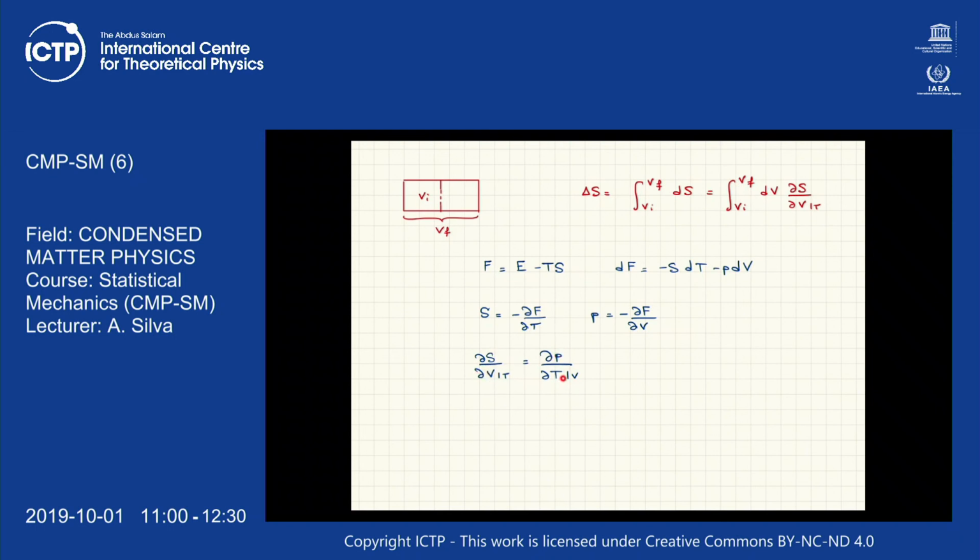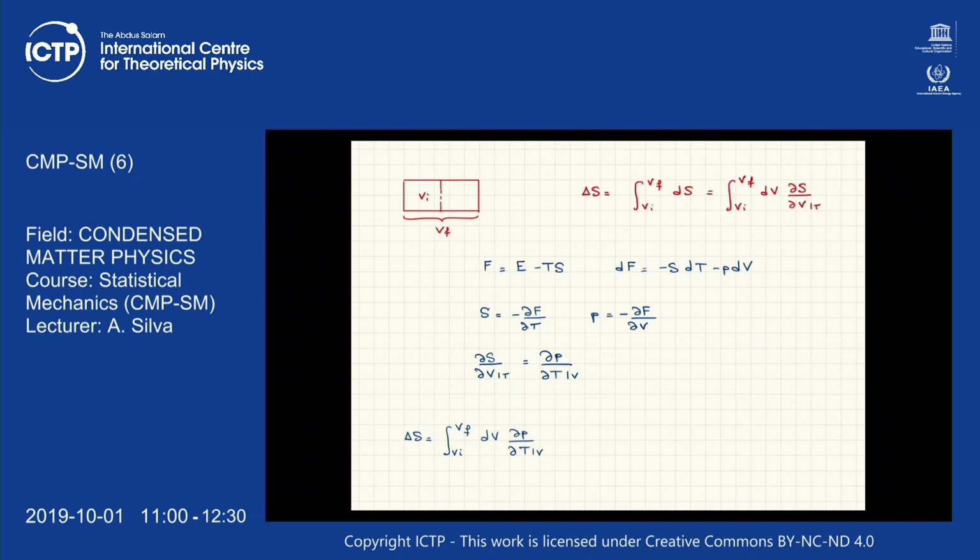The cross relation. Right, so now let me plug this in there. I get delta S equal to the integral from V initial to V final of dV, dP/dT at constant volume. But now I know what the pressure is, right?